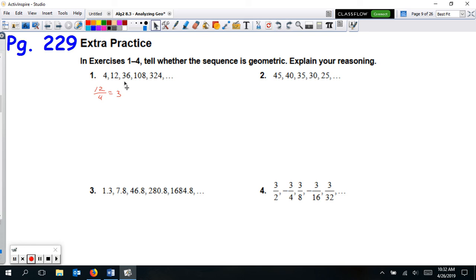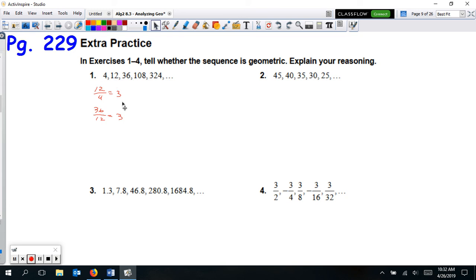And then if you do the same thing for the third term over the second term, 36 over 12, that also gives you a 3. That will always give you what your common ratio is. That's what we're always trying to look for. We always want to see what our common ratio is. That's one way you can always find it, is just do the second one over the first one.